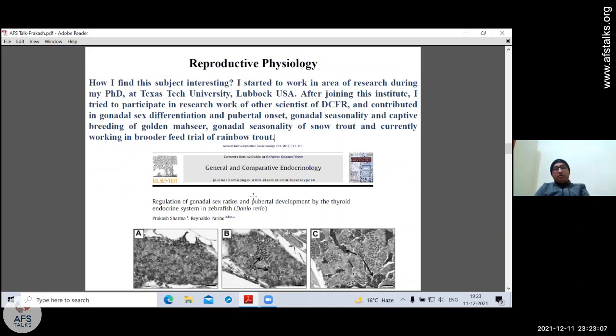So moving on to the reproductive physiology work, I also got an opportunity to work during my PhD program at Texas Tech University. In my PhD dissertation work, we looked into the gonadal sex differentiation, or the gonadal sex ratio, and the pubertal development in zebrafish in response to the thyroid endocrine system.